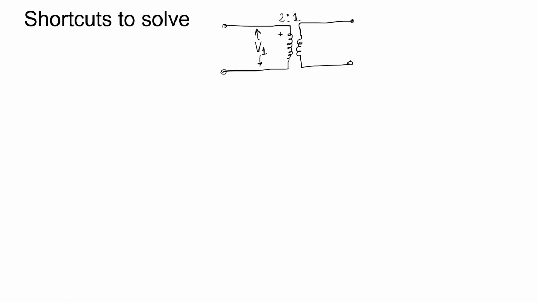So what we can say is this is V1, and let's say the coupling is positive, so it's something like this.